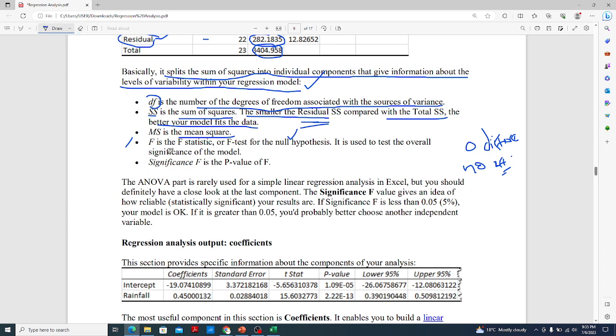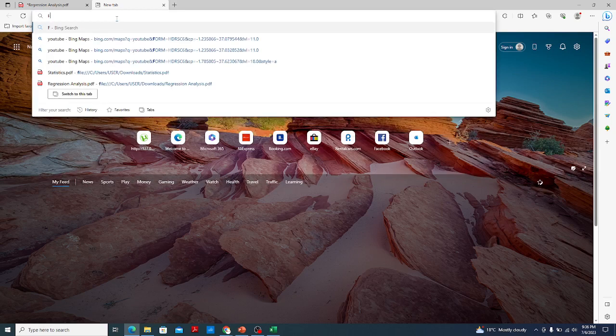Okay, so we are saying that F is an F statistic, or the F test for the null hypothesis, and it is used to test the overall significance of the model. So what is the importance of our F test, or this F statistic? Let me try and see the F statistic formula.